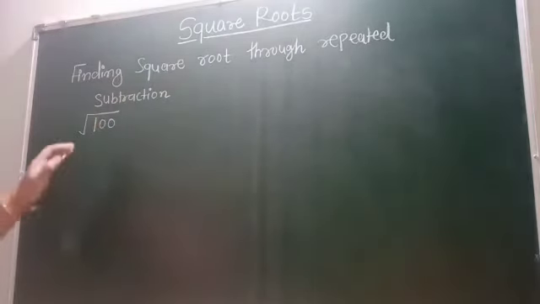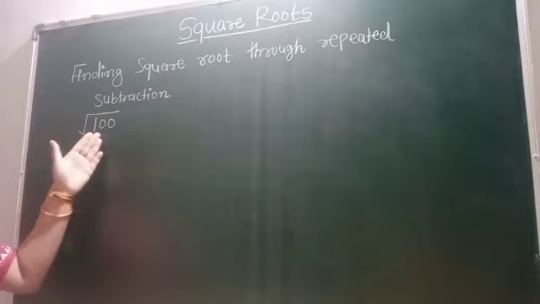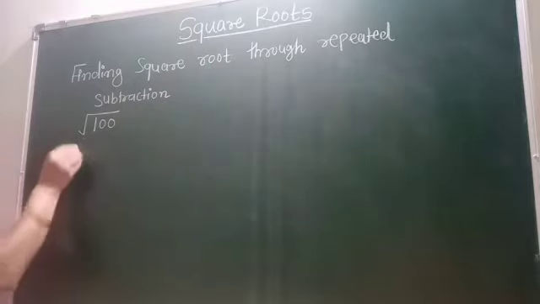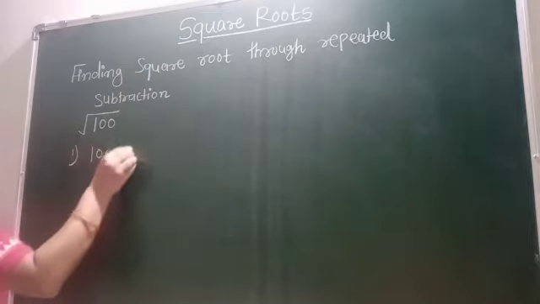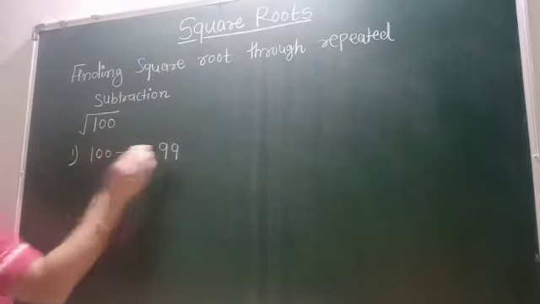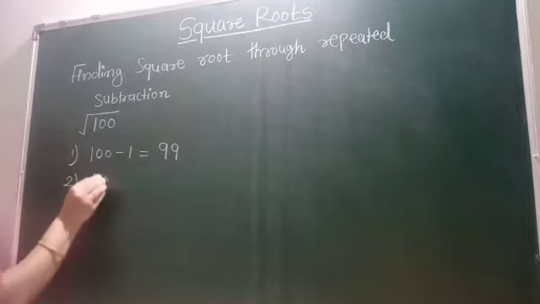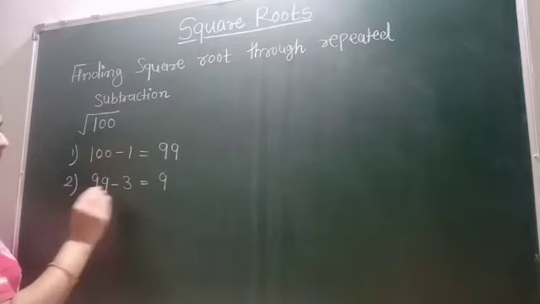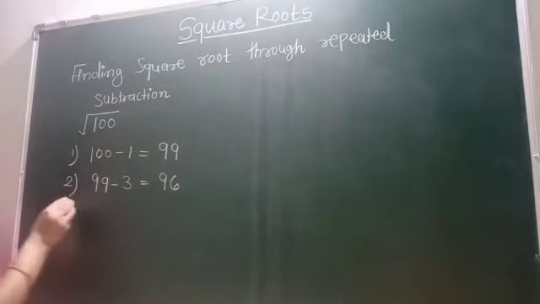Let's take one more example. Now we will find the square root of 100 by using the repeated subtraction method. First step, 100 minus 1, we will get 99. Second step, 99 minus 3, what will we get? Yes, 96.